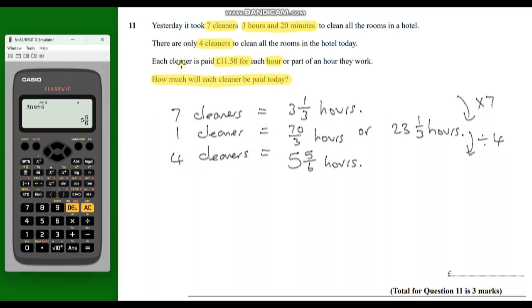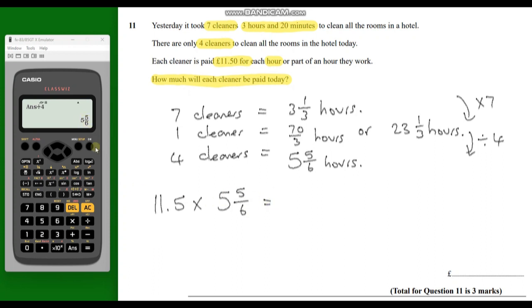Now, we're told how much they get paid. So each cleaner is paid £11.50 for each hour or part of an hour they work. How much will each cleaner be paid? So if they get paid £11.50 per hour and they each work 5 5/6 hours, to work out how much money they get, we just need to multiply. So we're going to do 11.5 multiplied by 5 5/6.